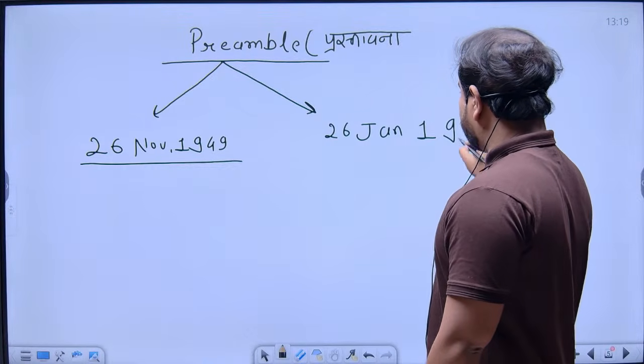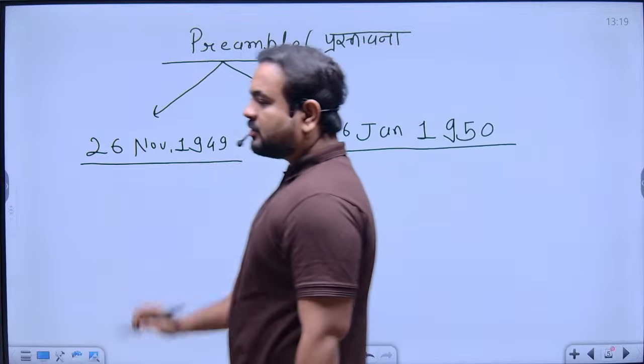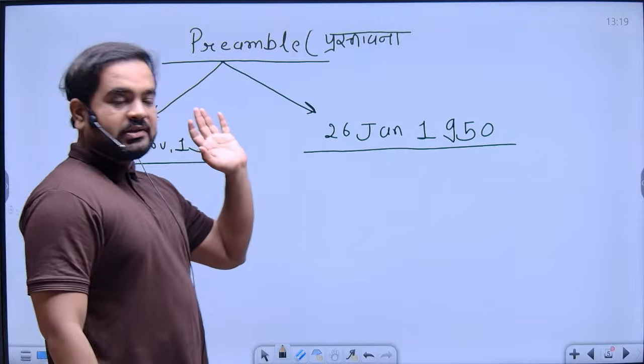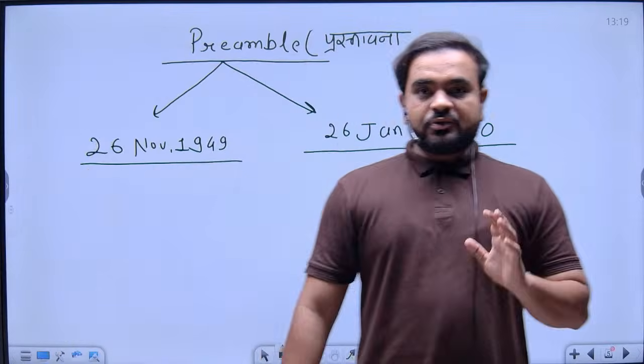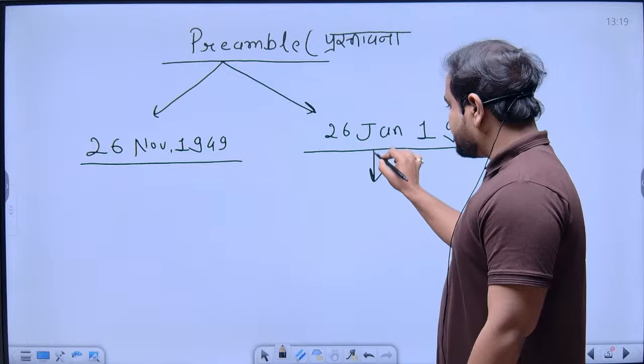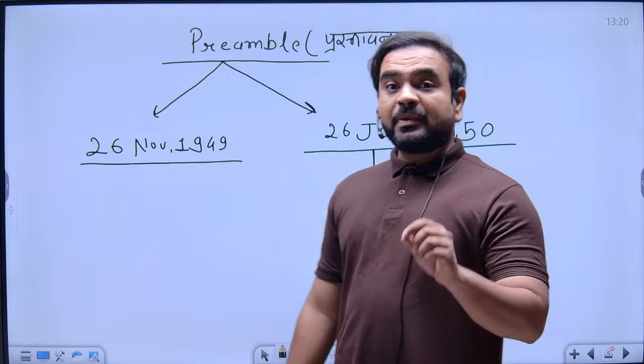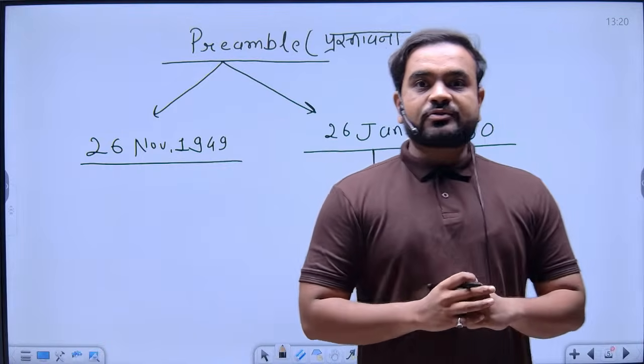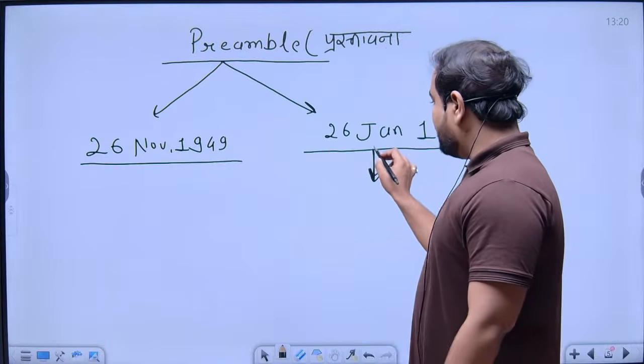This is the date when all the parts of the constitution were actually implemented. So ये दो dates हैं, and this is very important. On this date, every year on 26th January, we celebrate Republic Day of India.